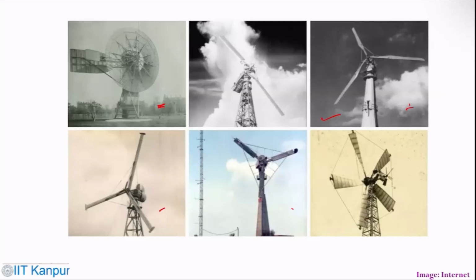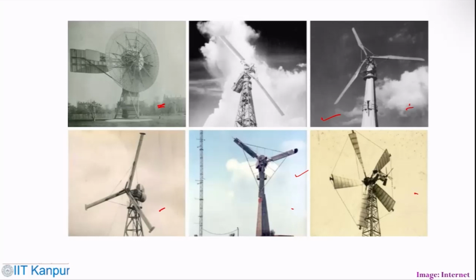These two are other old concepts of the design, where originally the horizontal axis wind turbine was used for grinding windmills and sailing boats. Different purposes were the major use.